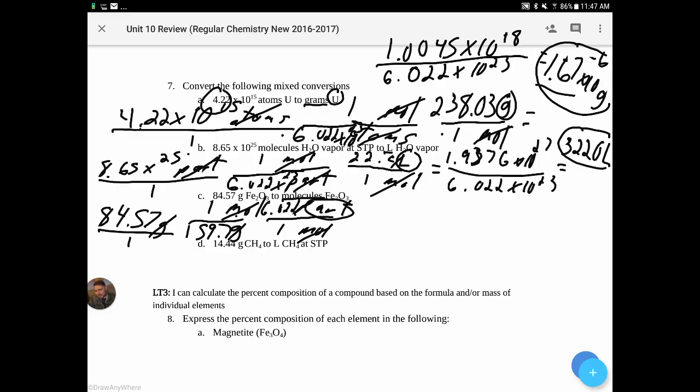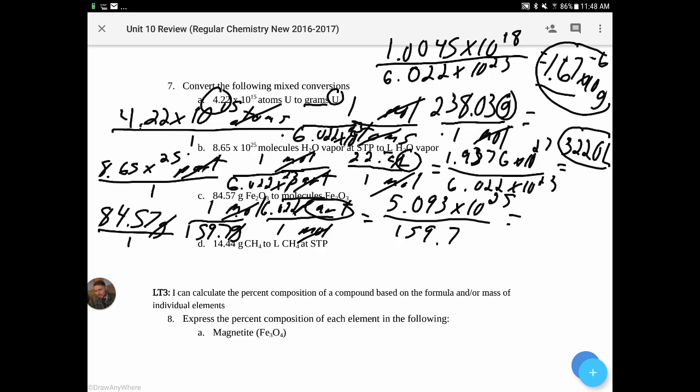So now we do our math. 84.57 times 6.022 times 10 to the 23rd, and we get 5.093 times 10 to the 25th divided by 159.7.